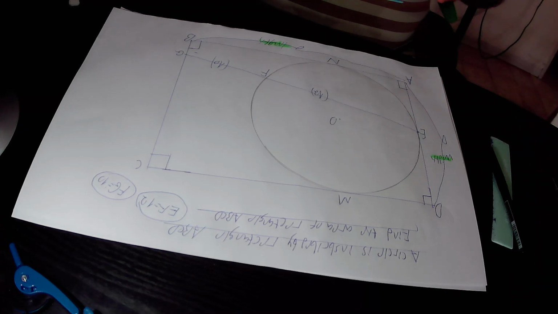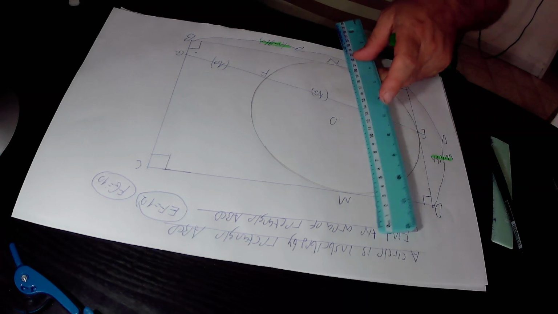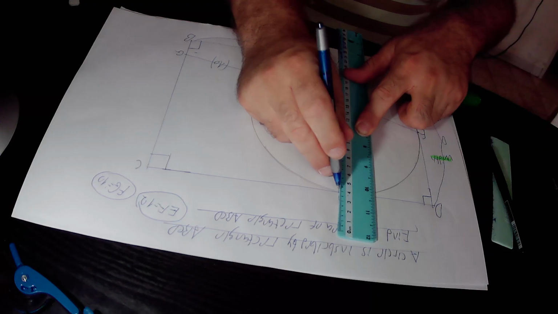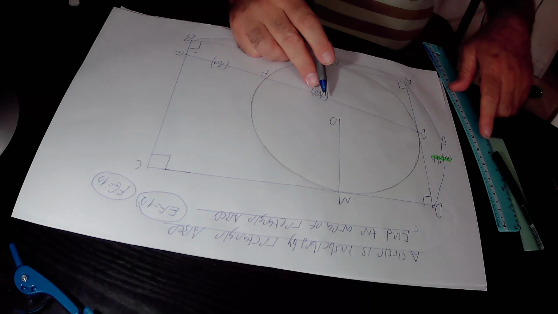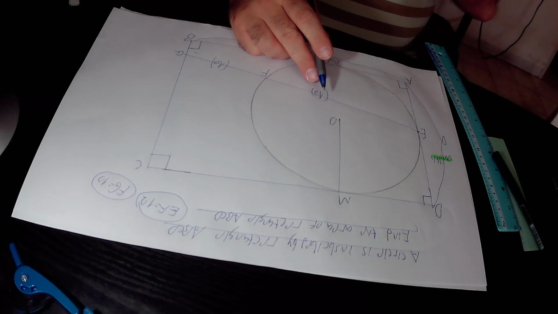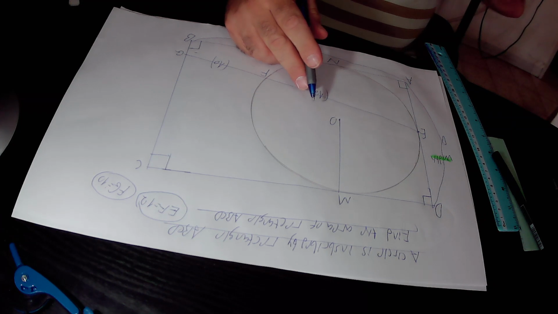And we define the radius of this circle as R. Point O is the center of this circle. Point M is a point on the circle itself.